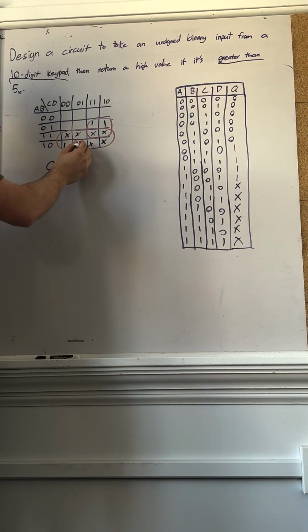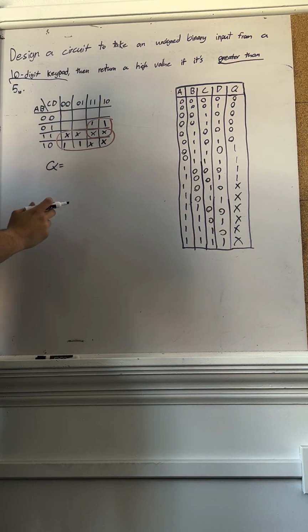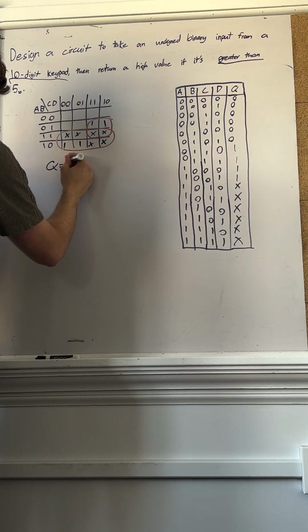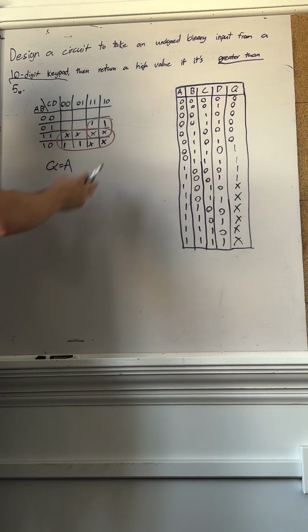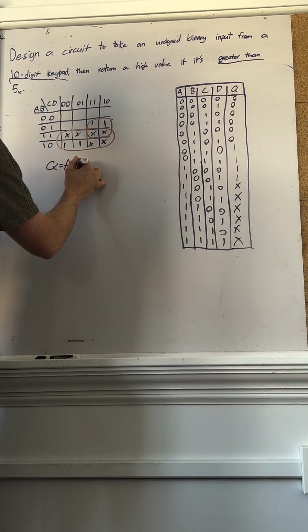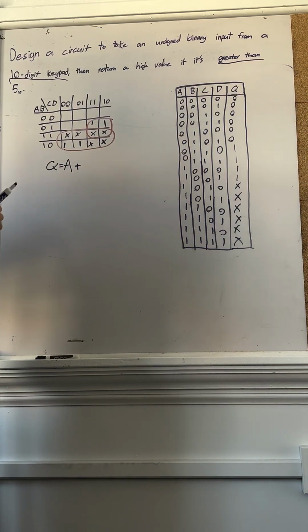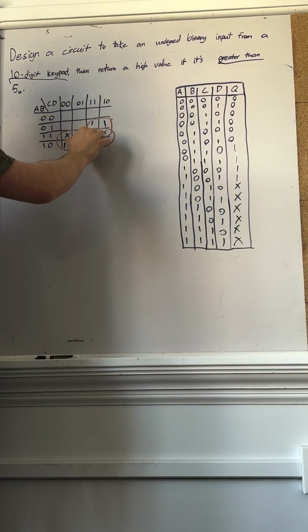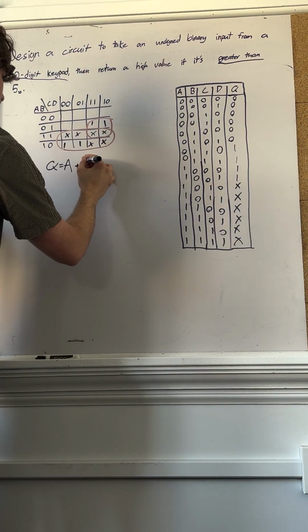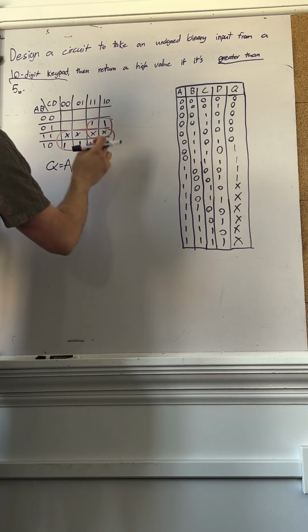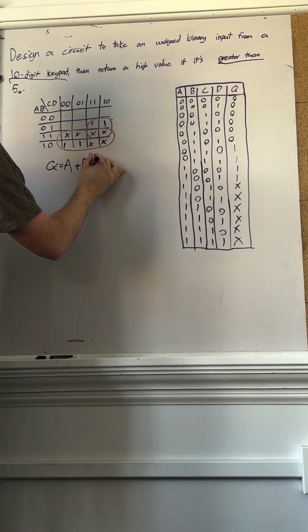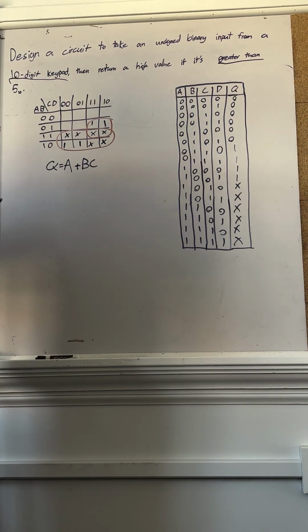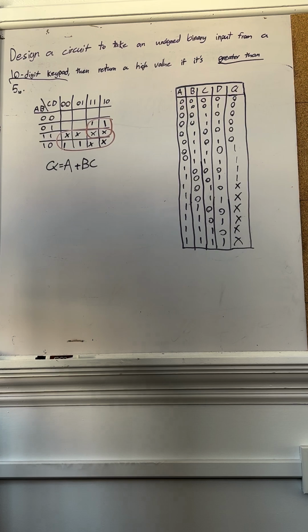Since the only 2 values here, as well as all the don't care values, are all activated when A is 1 and nothing else affects that, Q is simply going to equal A. And then, in order to handle these, we're going to put A plus, to represent OR, B and C. And that is going to give us our equation.